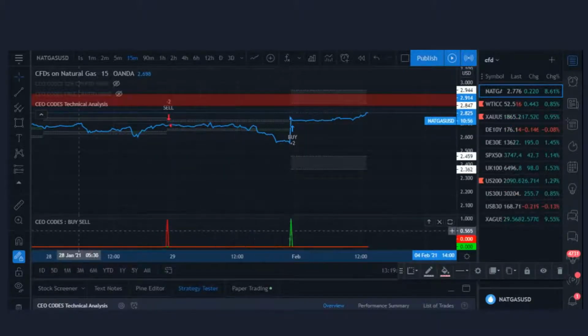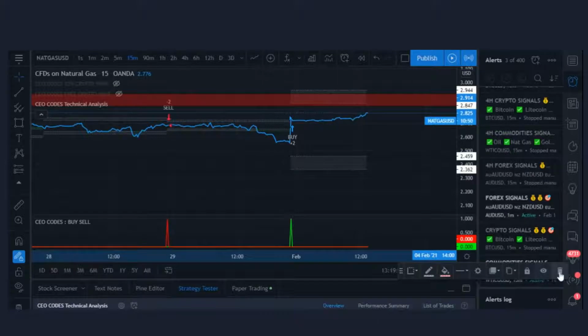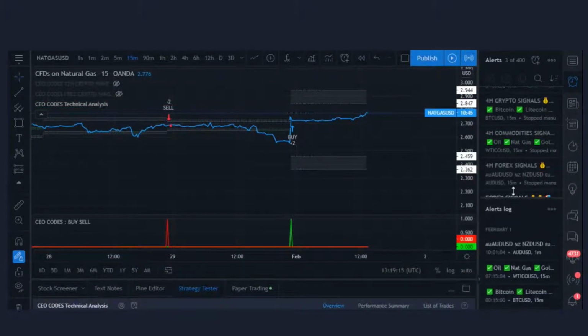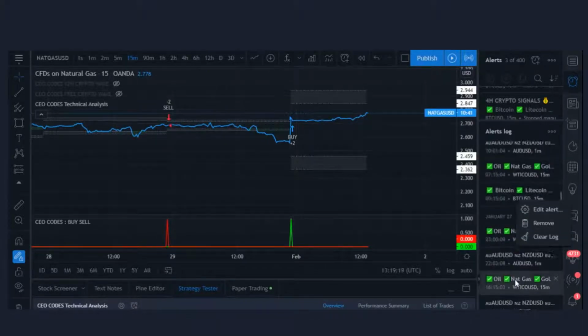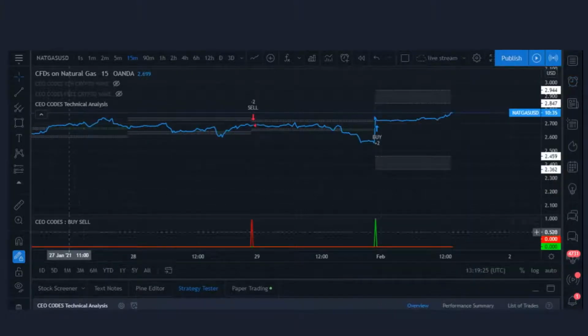This alert is how you will receive alerts. Let me show you that. Sorry for the sound, we're in London this week. This is the alert which comes. It will tell you short in, long in, natural gas or whatever.